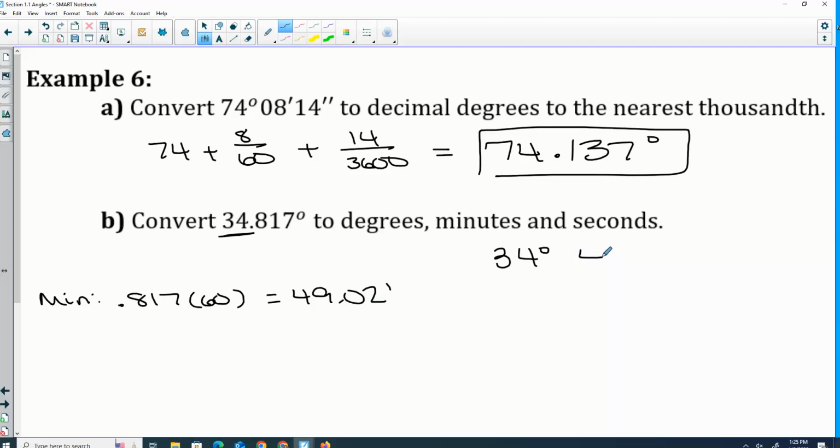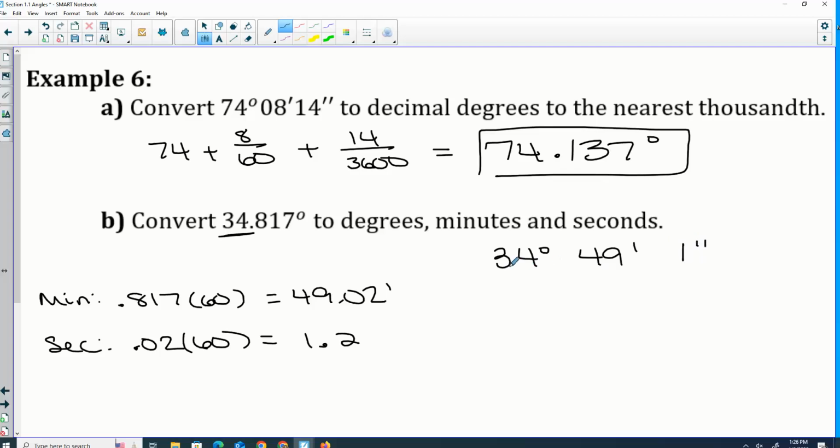So we keep the 49 minutes, and then we convert the 0.02 seconds. So we take 0.02 times 60. We get 1.2. And how do we answer that final part? Round it. So that would just be 1 second.